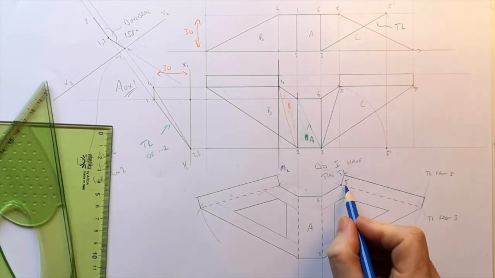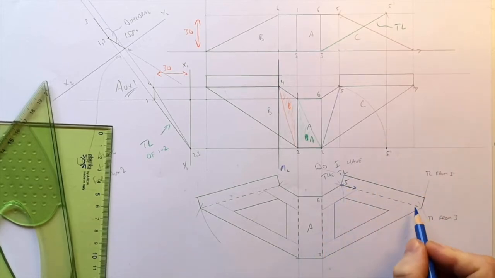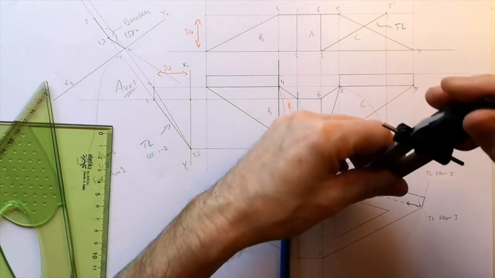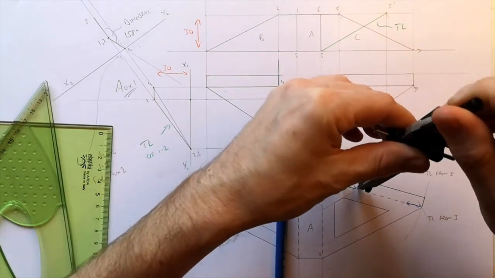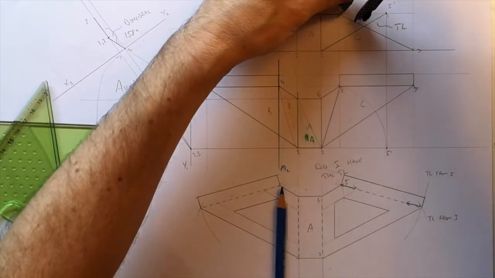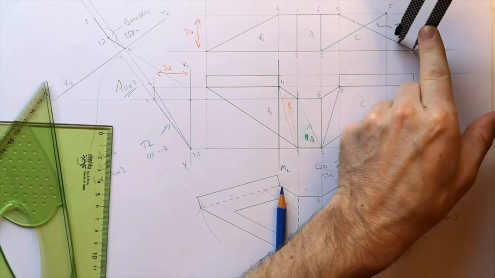I know this distance from here to here, and this distance from here to here, which is probably the same actually. Okay, and I can see them up here. So let's set my compass and measure that. Are they the same? They are the same. So there we go. That distance there and that distance there.